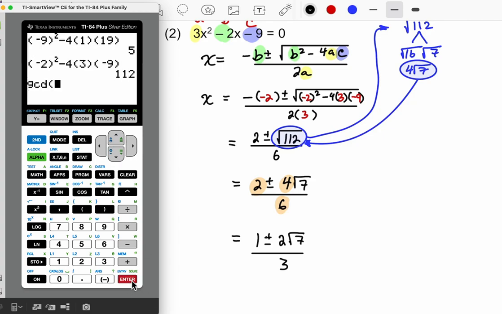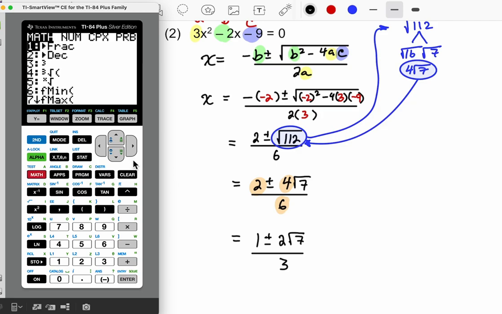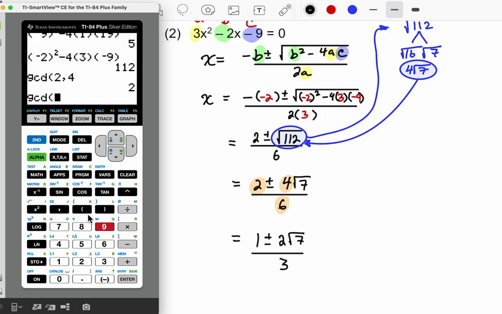These are easy numbers, but you can run into cases where they're not quite so easy. Remember, GCD only works 2 terms at a time. So I would do the 2 and the 4, and then take that result and apply it to the next value, the 6. So math, NUM, option 9, 2 and 6. Whatever the GCD is out of all of these terms, that's the value you divide by.